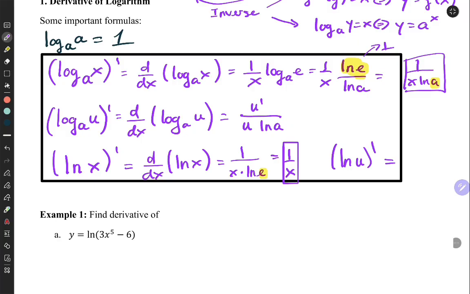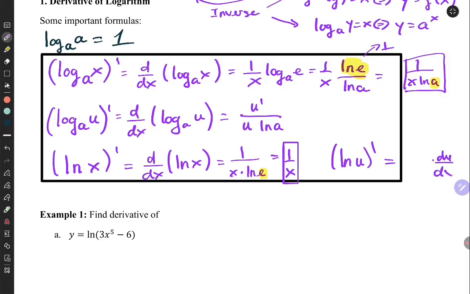You can see this like 80%, 90% of the time compared to the other. Consequently, the derivative of ln of u would give you 1 over u times du dx.